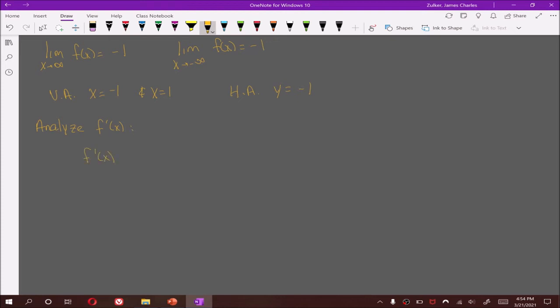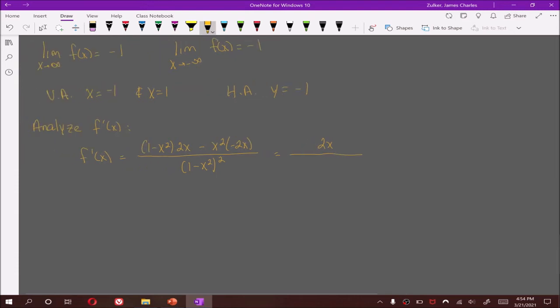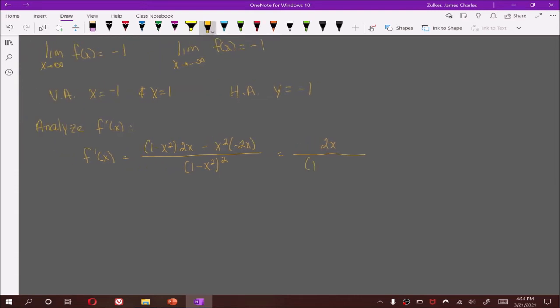If we analyze f prime now, f prime of x, this is going to be a quotient rule. If we simplify this, we'll be left with 2x over quantity of 1 minus x squared squared.